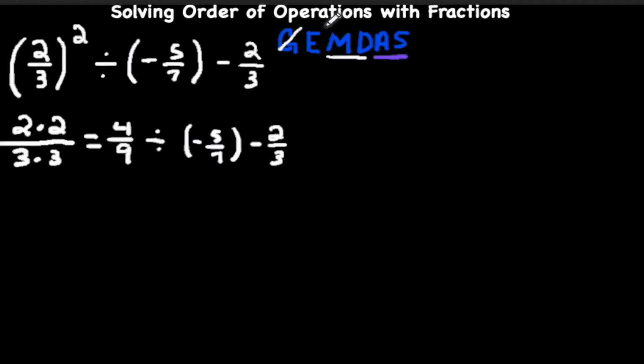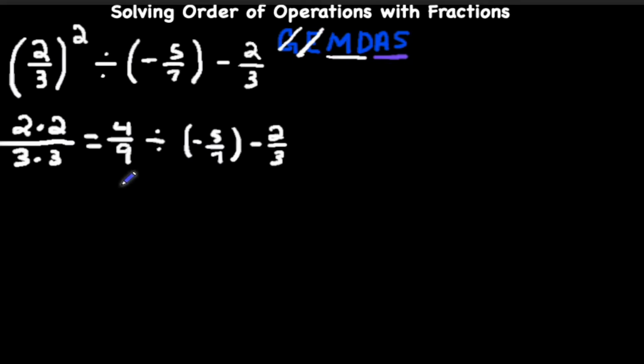So we've completed exponents. So next comes multiplication or division, whichever appears first from left to right. So here we have division, and notice we also have subtraction. But remember, division has precedence over subtraction. So let's go ahead and do that. We have 4/9 divided by -5/7.